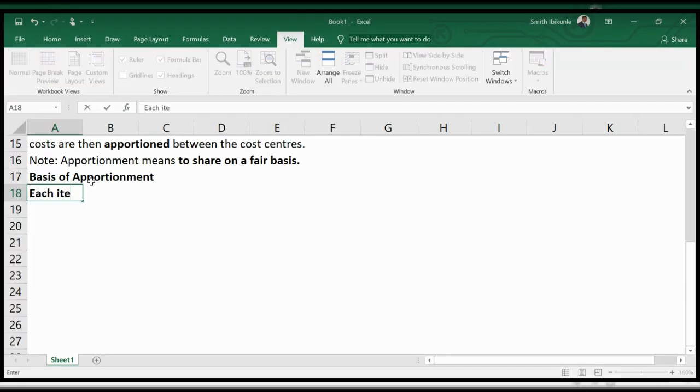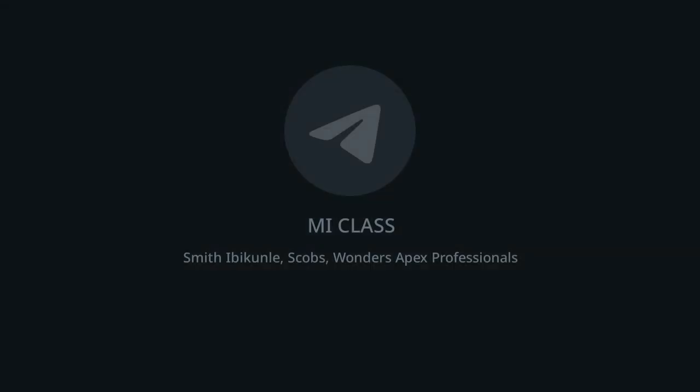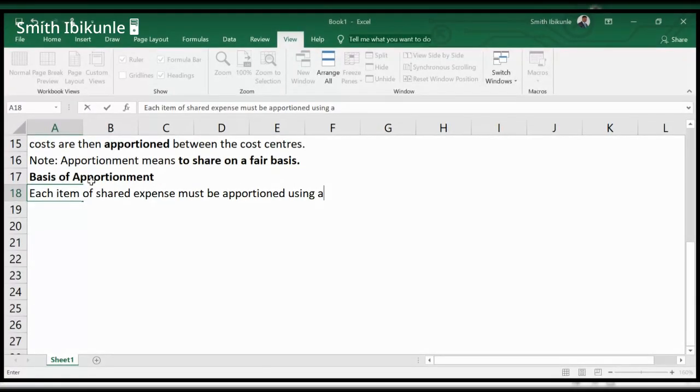So each item of shared expense must be apportioned using a fair basis of apportionment.